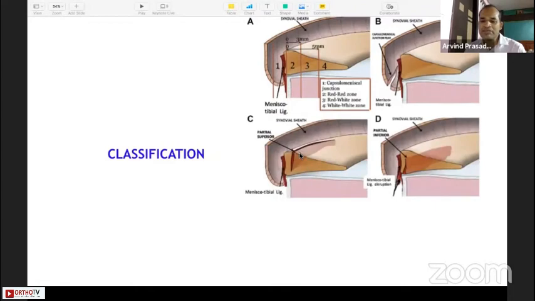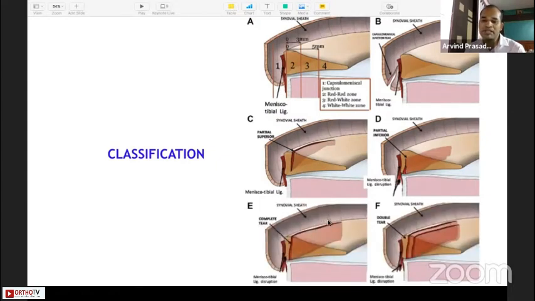The second type is the partial superior. It's only partial, not reaching the inferior surface, and it's in the meniscus body, peripheral part. Similarly, the partial inferior is type 3. It's not reaching the superior part. Type 4 is complete in the peripheral part of the meniscus, and type 5 is the double tear.